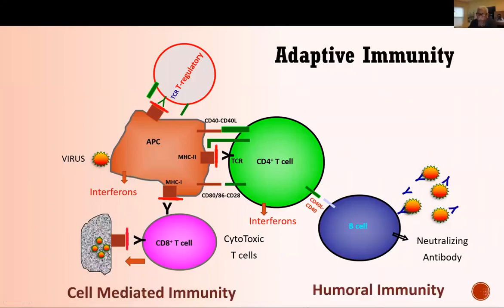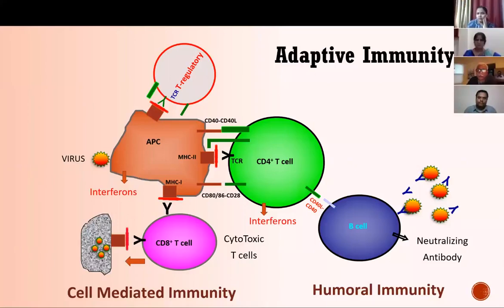So the antibody response is called the humoral immunity, and the cell-mediated immunity is manifested by CD8 cytotoxic T cells. Humoral immunity means you develop antibodies which are secreted and they block the virus from entry.